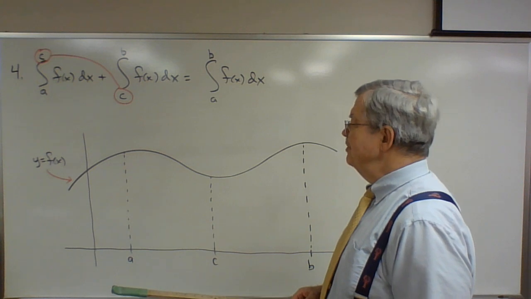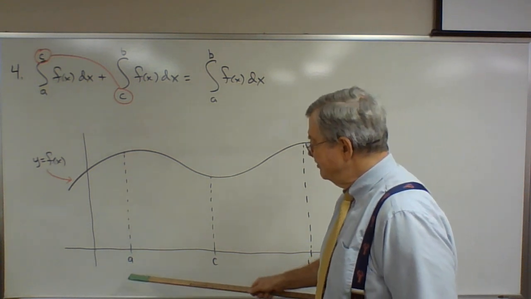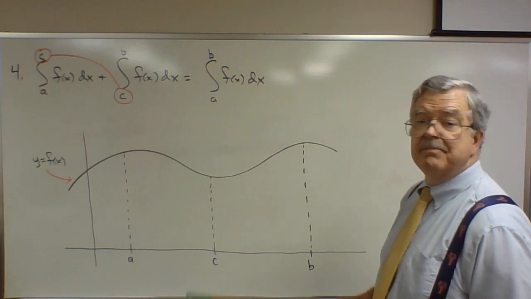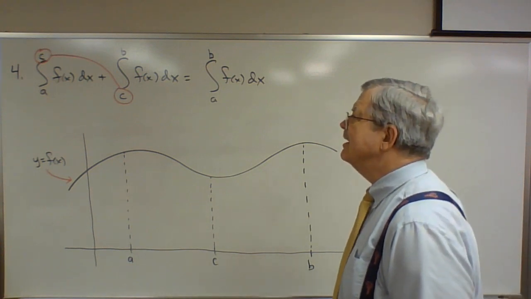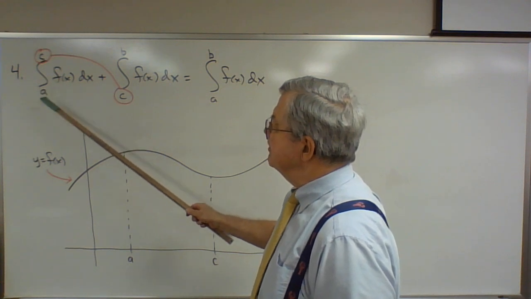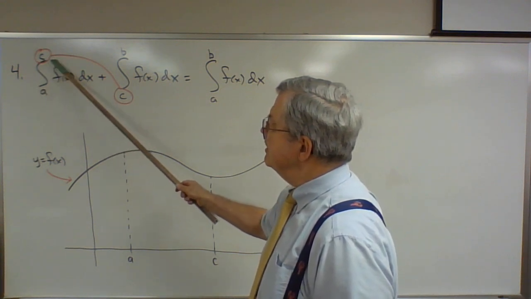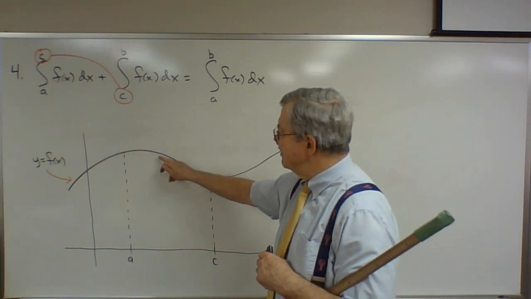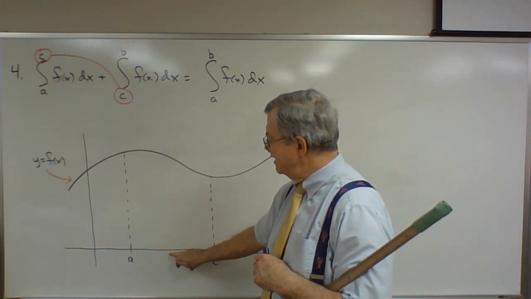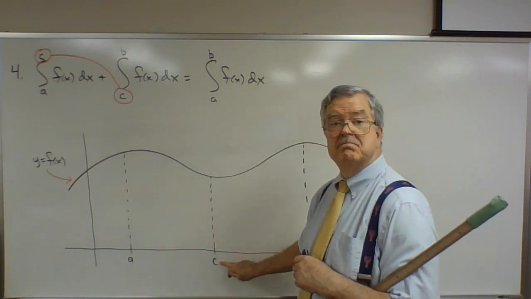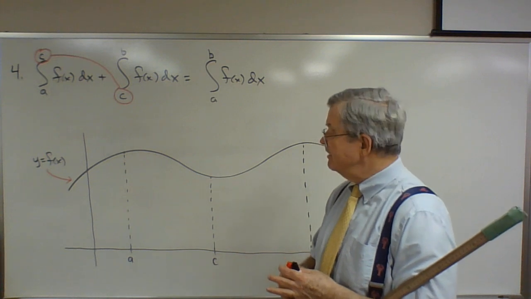And we'll assume that a is less than b, and that c is somewhere in the middle. The integral of f of x from x equals a to x equals c, isn't that the area between the graph of f of x and the x-axis from x equals a to x equals c? That's exactly what it is.